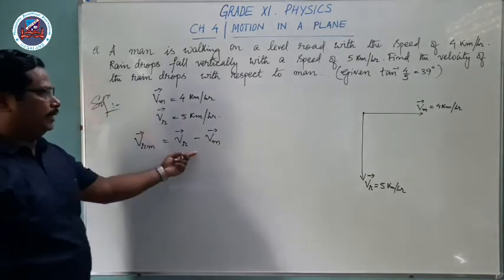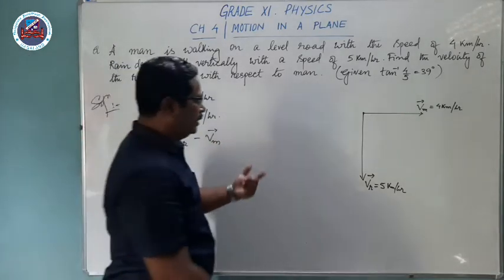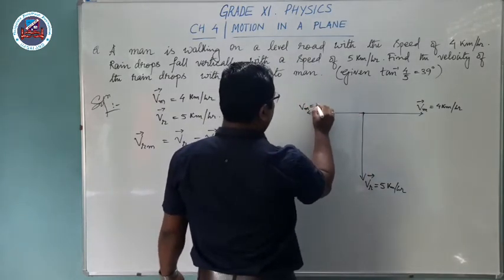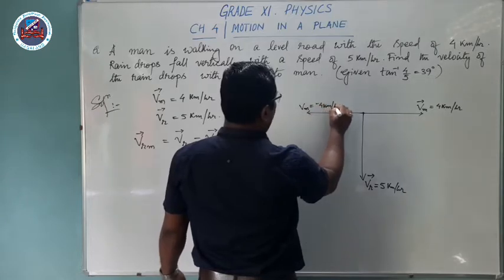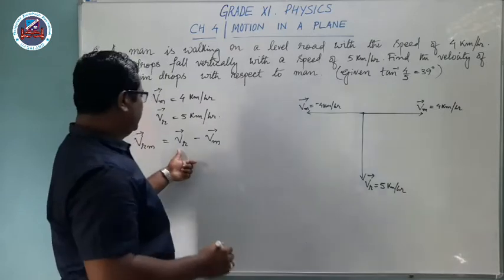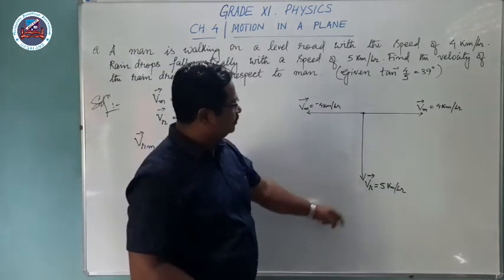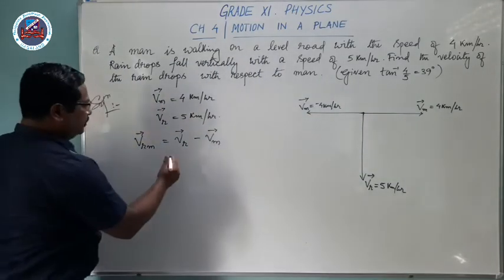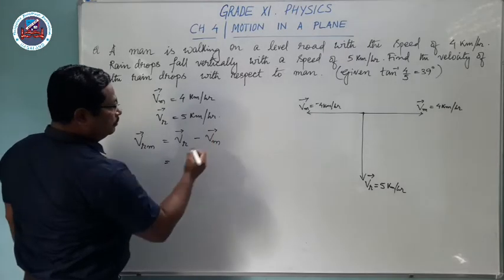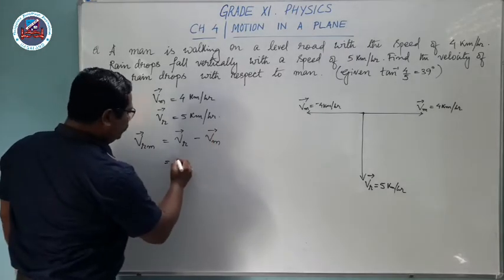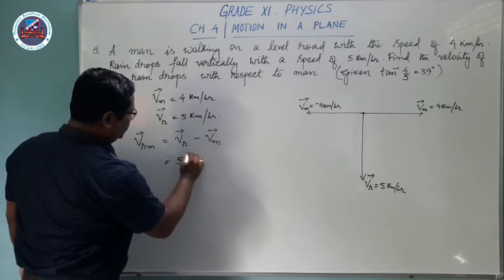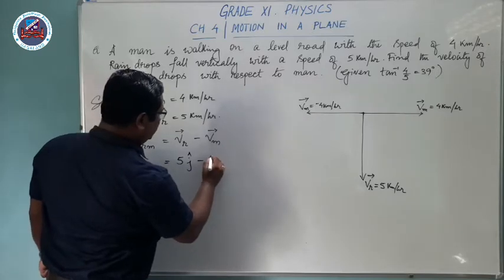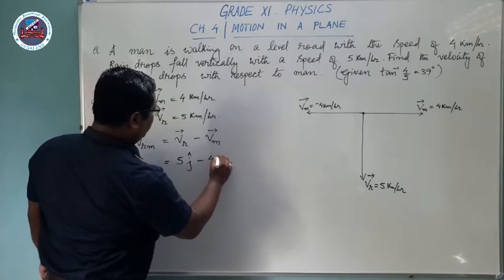That means this Vm we have to take in the negative side, so Vm is minus 4 km per hour, and Vr we take in the positive direction as it was given. Now using the formula, Vr is 5 km per hour along the y-axis, so j cap, minus Vm, which is towards the x-axis, so we write 4 i cap.